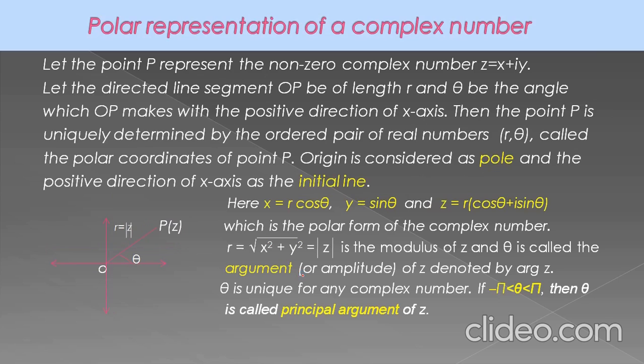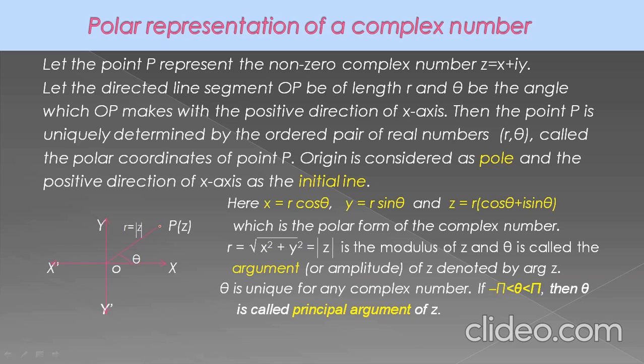Now next is the polar representation of a complex number. How will we represent it in polar form? Let point P represent the non-zero complex number z equal to x plus iota y, and let the directed line segment OP be of length r, where r is equal to mod z, that is under root x square plus y square, as we have seen before.